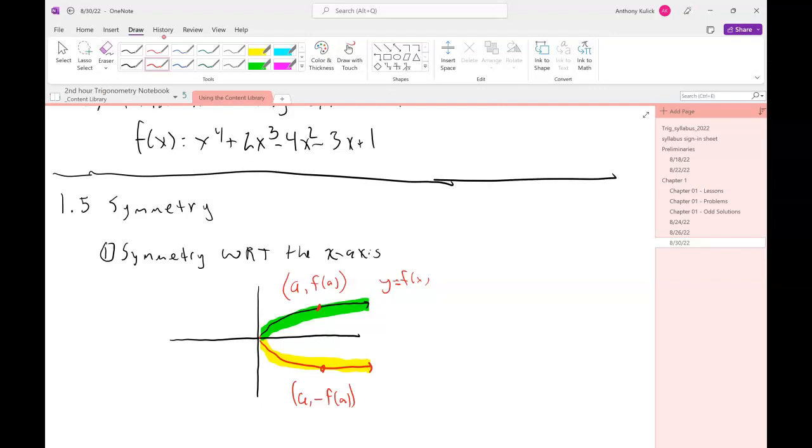Okay. So what that means algebraically is then that f of x should also give me negative f of x.